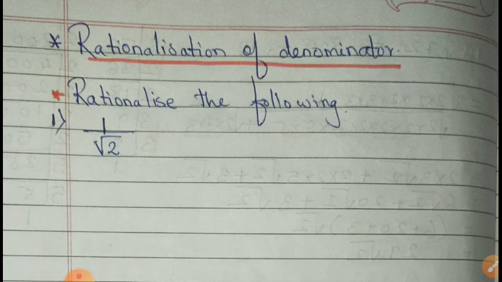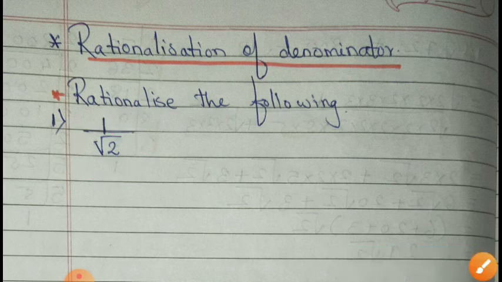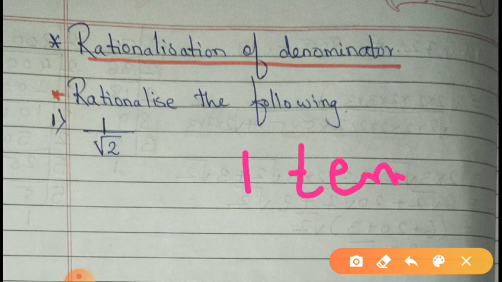Now first is 1 by root 2. Now see, what is the denominator? Denominator is an irrational number. Okay, so what to do is, I have here 1 by root 2. Whether is it a monomial or a binomial? Monomial means what? It contains only one term.